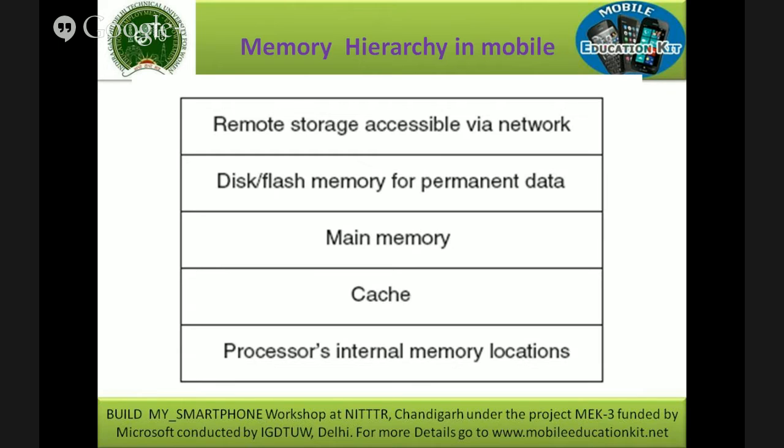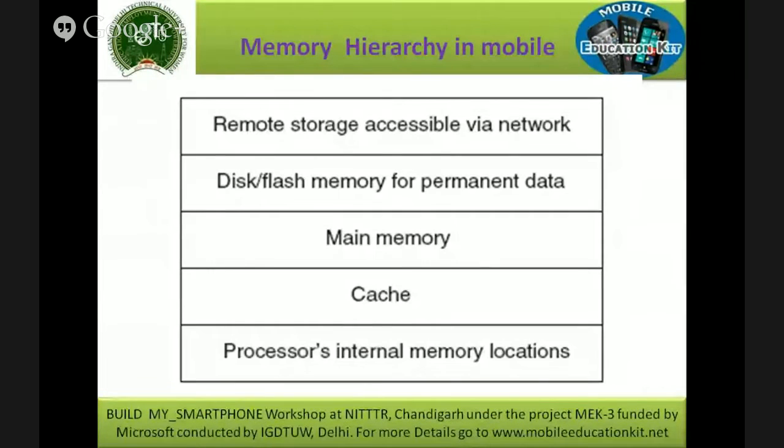So one of the architectural changes between mobile architecture and desktop architecture is memory interfacing. As the secondary memory, the disk memory is not there.